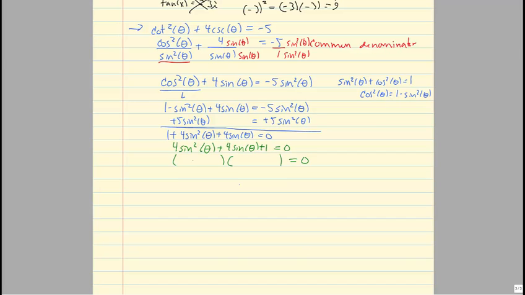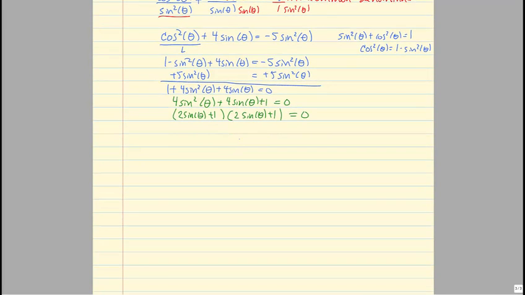So this looks like to me it will factor into 2 sine of theta plus 1, 2 sine of theta plus 1. And again, if you're not strong with your factoring, take a second and make sure that you can factor that, because it's going to be really important that you be able to factor these quickly and focus on the trig and not so much the factoring.